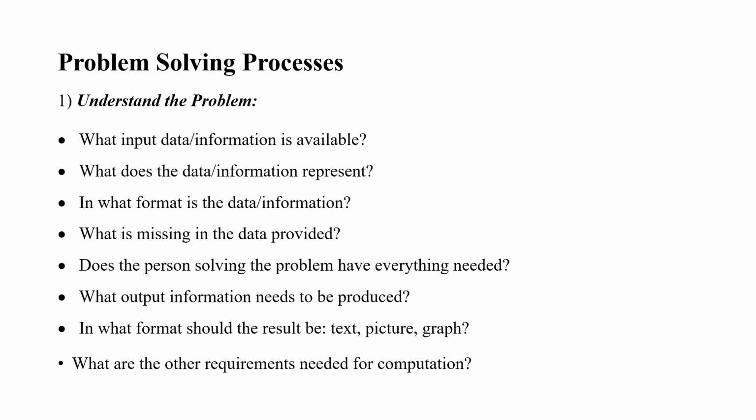What output information needs to be produced? Have a mental picture. You cannot say you want to solve a problem when you have not had a mental picture already. Let's take an example of an architect. If I come to an architect now and say, I want to build a 3-bedroom flat, this is how I want it to be, the architect will picture what you told him or her.